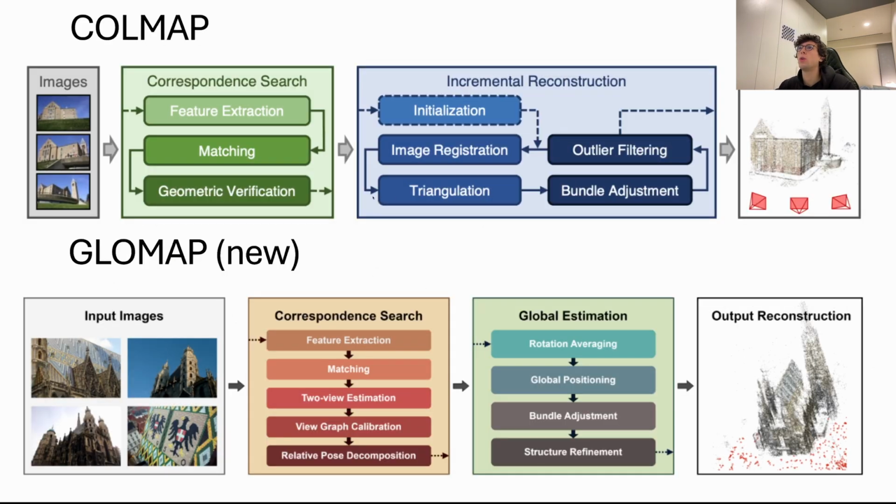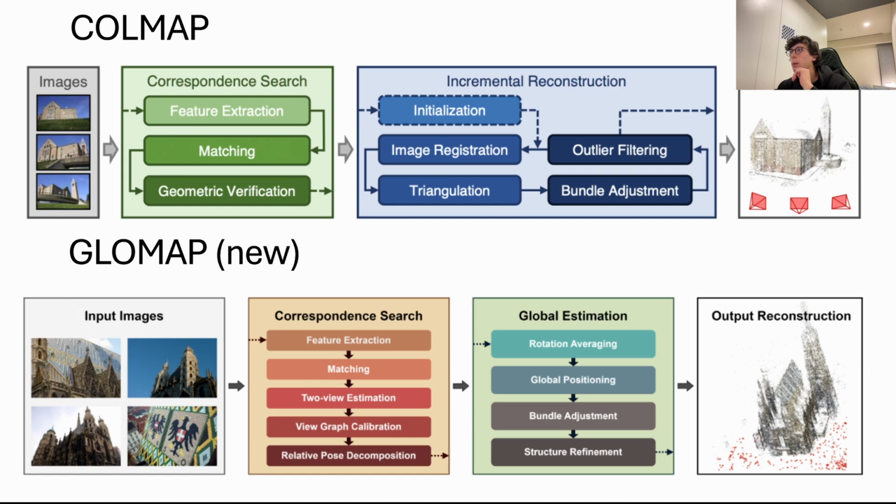So we know COLMAP. These authors also built GLOMAP, and again we have the images as input, as we can see they are in both methods. Then we have the correspondence search, which is also common for the two methods, and we will dive into details later on.